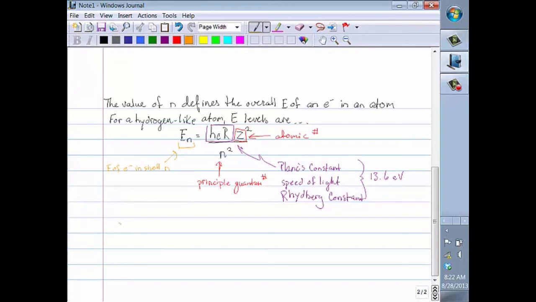So whatever energy it is, that's how much energy you would have to put in to get that electron out of there. So this is also the ionization energy. So that equation is going to be useful to you. There's a few equations that you'll need to use for your homework, and I know that there's a ton of equations when you're going through your reading, but the important ones are in your notes.